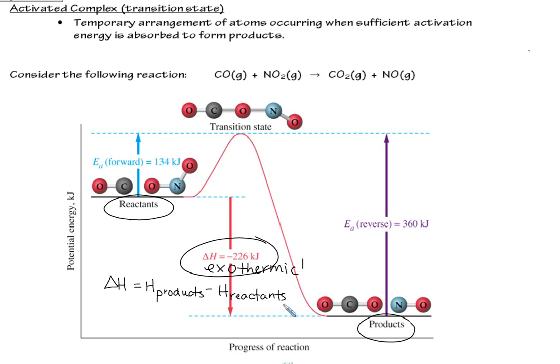Products minus reactants. So if my reactants are at a high level, my products are formed at a lower energy level, somewhere along the line we released energy. In this case, we released 226 kilojoules.